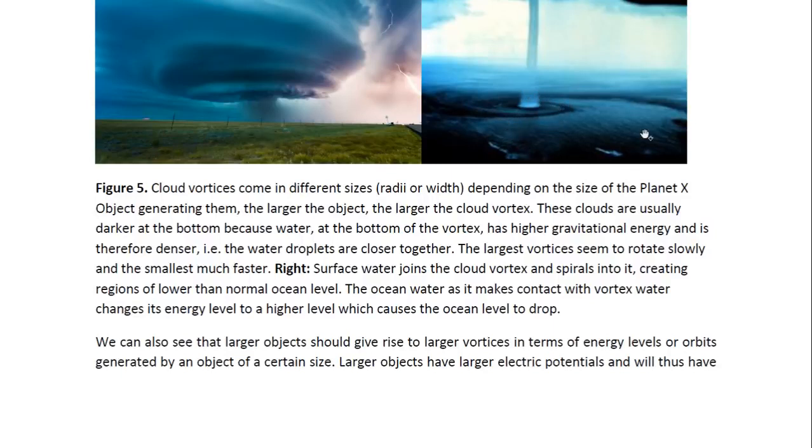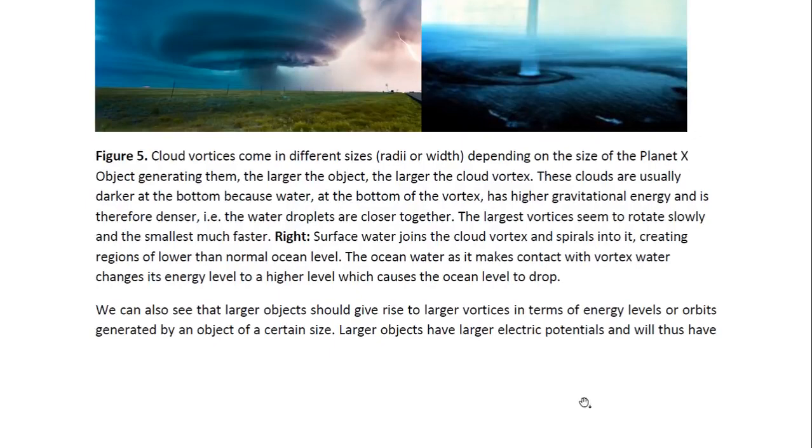And then this one is even lower, and that shows that there are different energy levels. So the ocean water, as it makes contact with vortex water, changes its energy level to a higher level, which causes the ocean level to drop. So the water here is at a higher energy level than the water there.